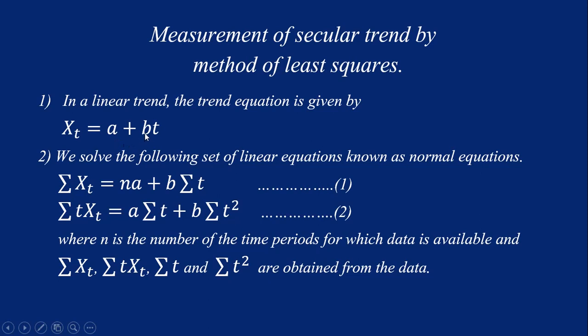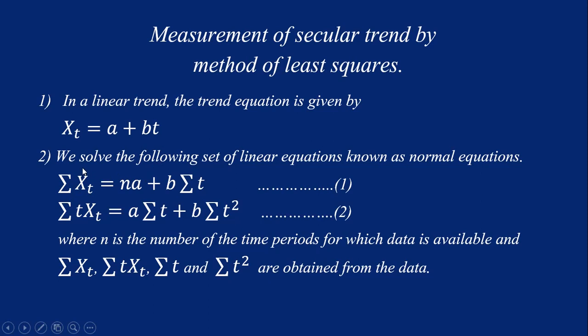There are these two values a and b. To write this equation, we require values of these two unknowns a and b. To get them, we require two equations in these two unknowns, and these are equation number 1 and 2. Solving these two equations, we find the values of a and b, and substituting those values in place of a and b, we get the equation of the trend line.